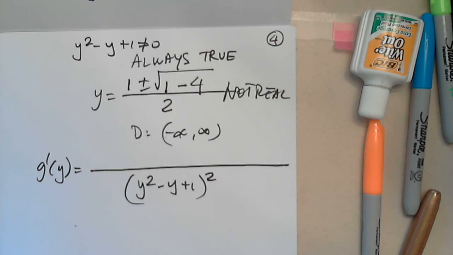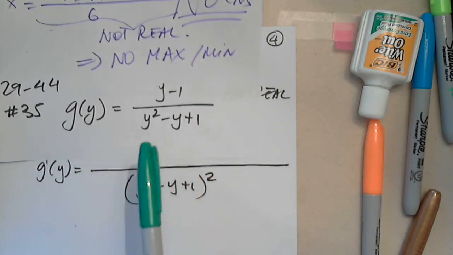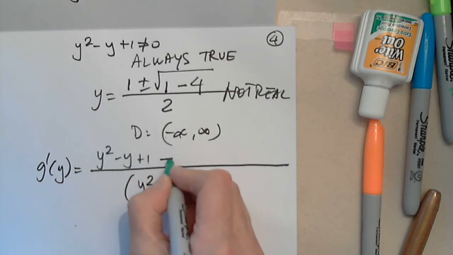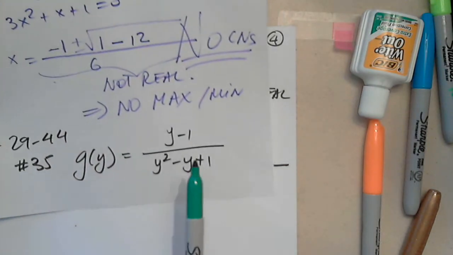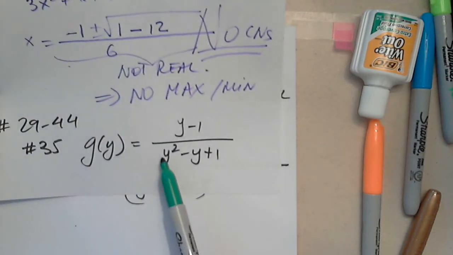Quotient rule. We have to remember we differentiate the numerator. When I differentiate the numerator, I get 1 times the denominator. So then I write y squared minus y plus 1 minus, I may not run out of room, the numerator for once, 2y minus 1.